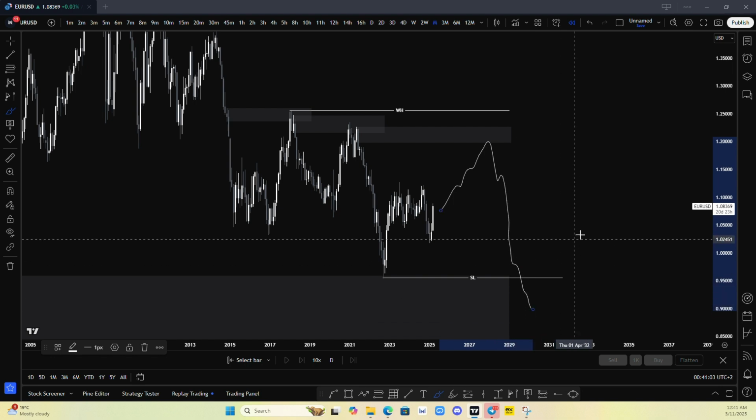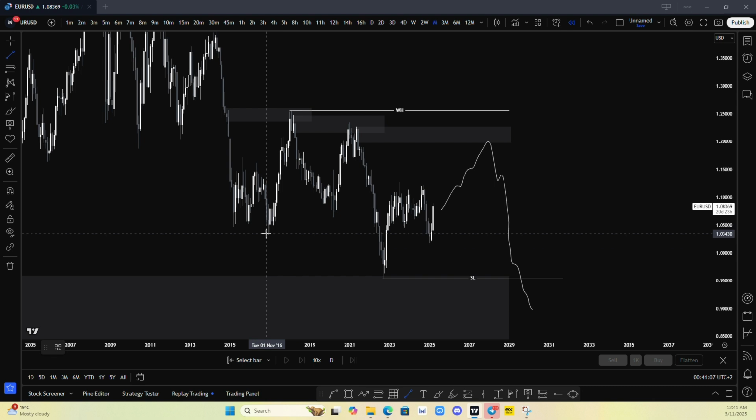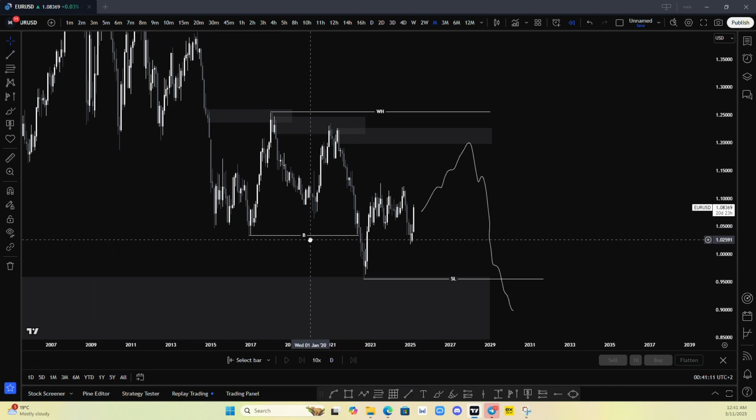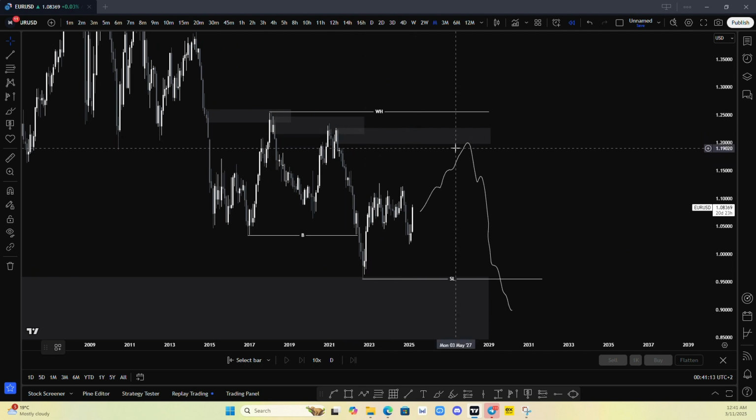This here is a break of structure, and this here is our monthly supply area.